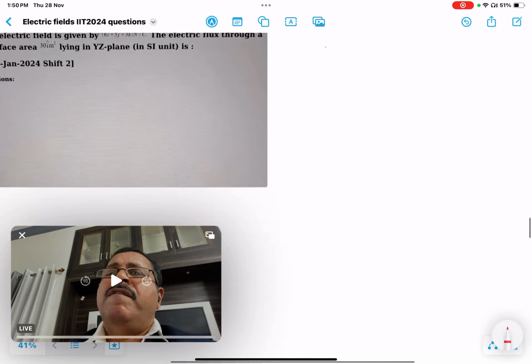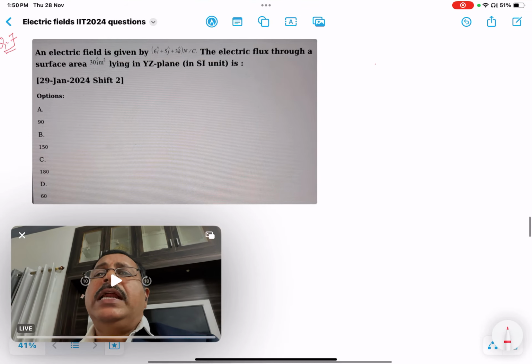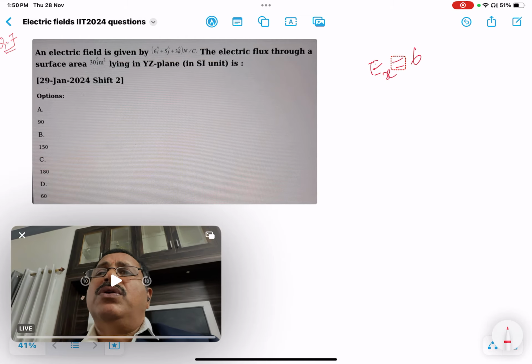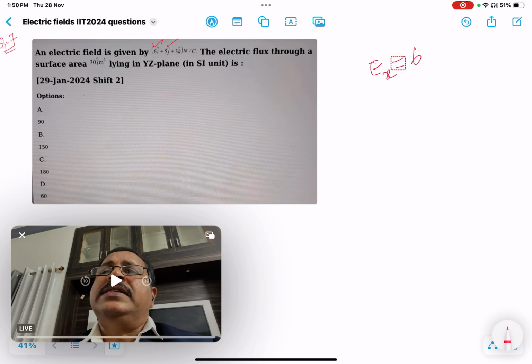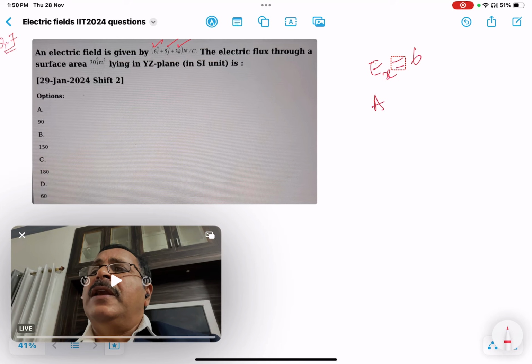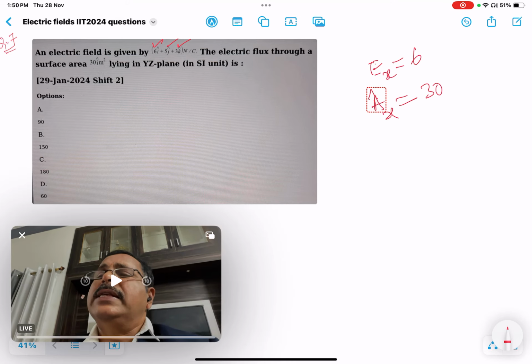Let us go to the very next problem quickly. Electric intensity is given as Ex, but we want only the Ex value. So this is Ex, this is Ey, this is Ez. Ex we selected. And the surface area normal vector an cap is 30, because it is also along the x-axis.